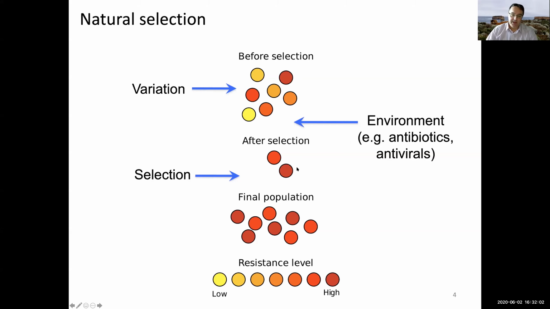And then you end up with a selection producing this final population, and this phenotype is a resistance to the drug. So you have drugs applied, the susceptible pathogens are removed from the population, and you're left with this resistant population. So natural selection acts upon the virus phenotype.